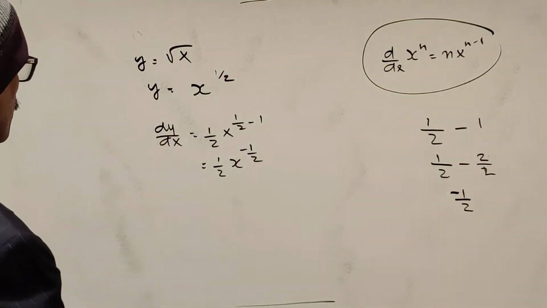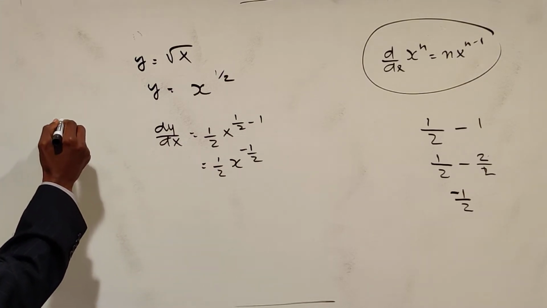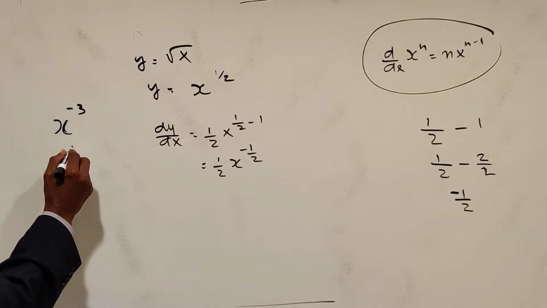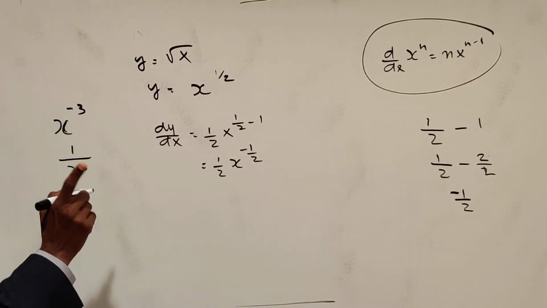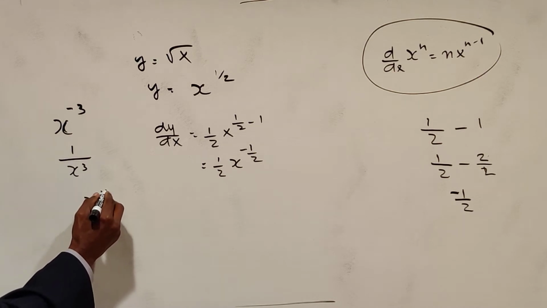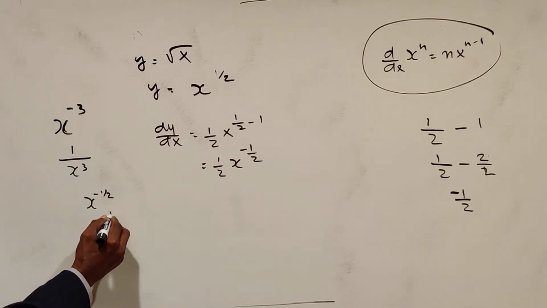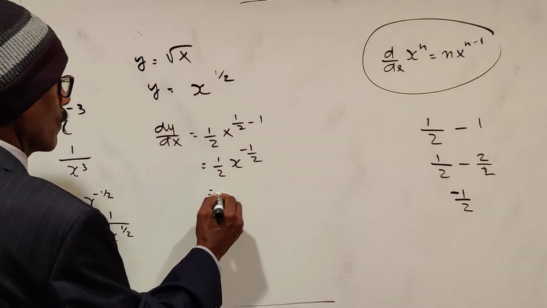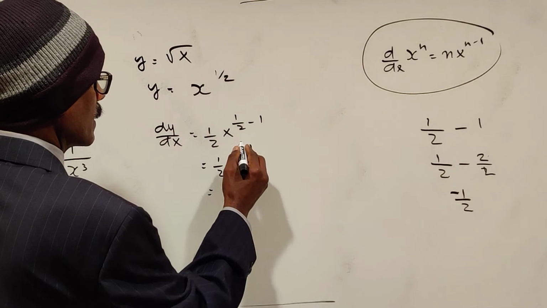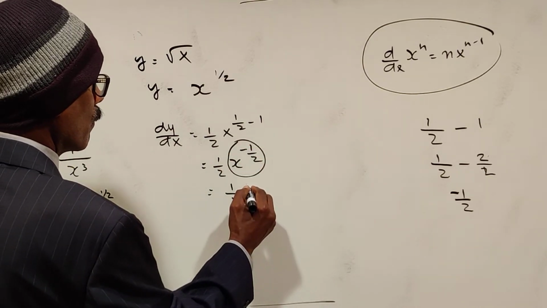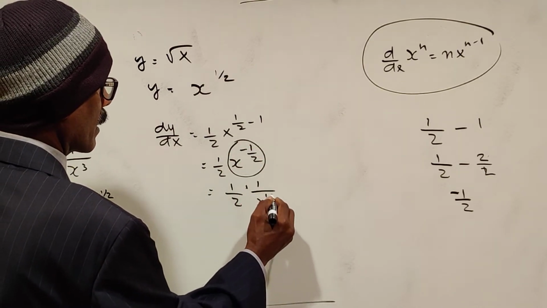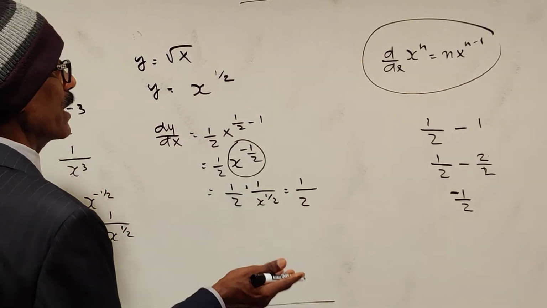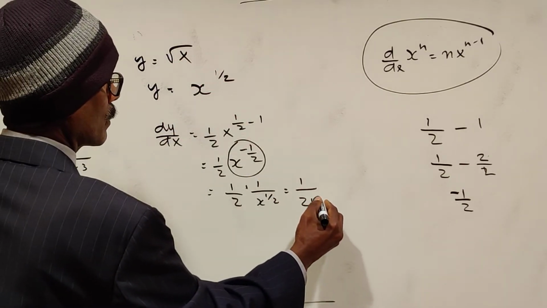If you see a negative power, it means 1 by x to the power 3, just remember this. x to the power negative half means 1 by x to the power half. So here it is 1 by 2 into 1 by x to the power half, and x to the power half in simplified form is root x. So 1 by 2 root x.